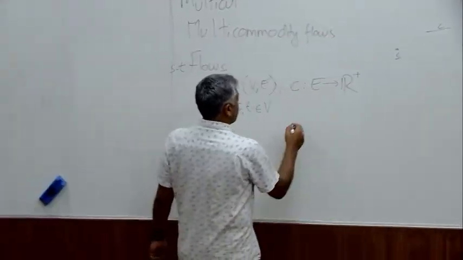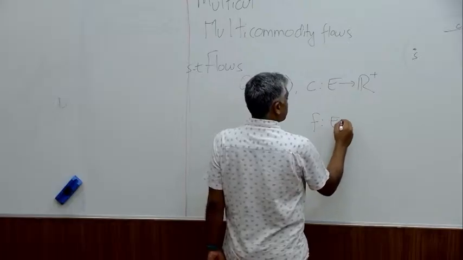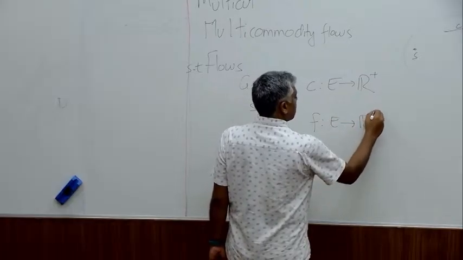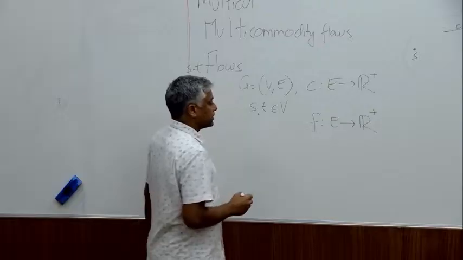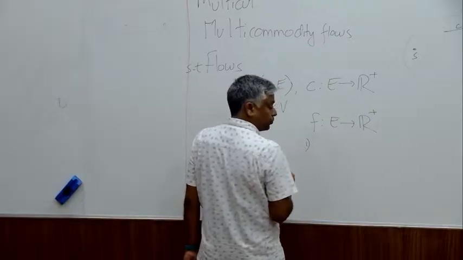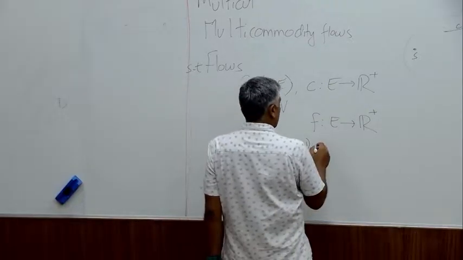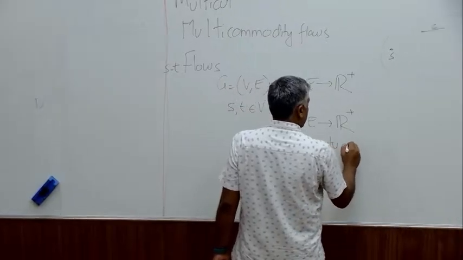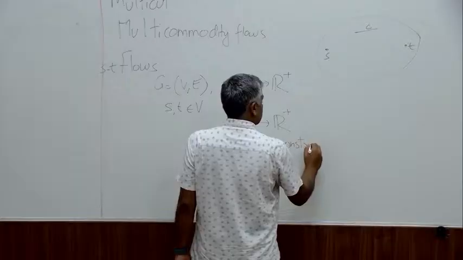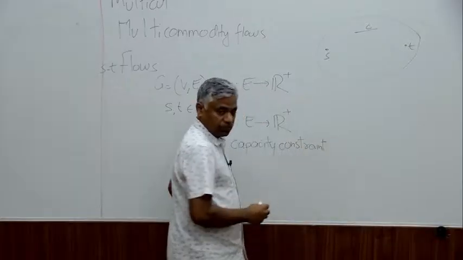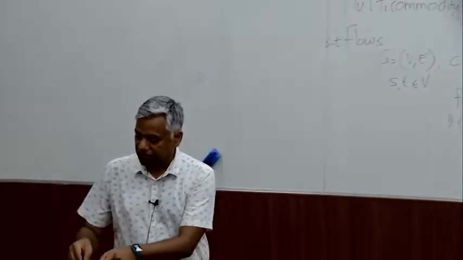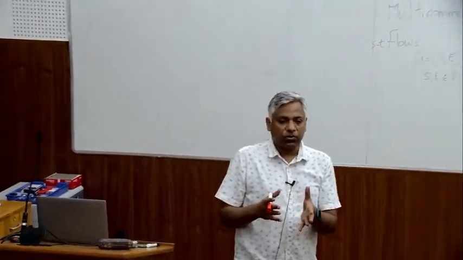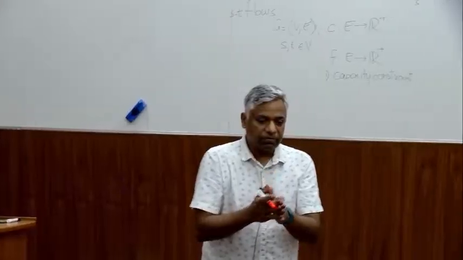And what is a flow? A flow is another function on the edges. And what properties does it satisfy? It satisfies two properties. One is called the capacity constraint. What do you think that means? Capacity means that the edge can support at most that much amount of flow.